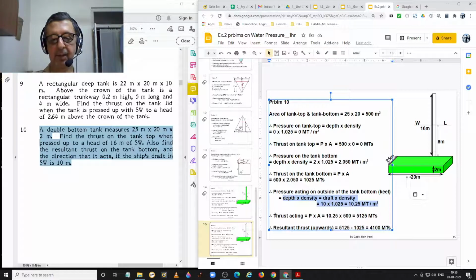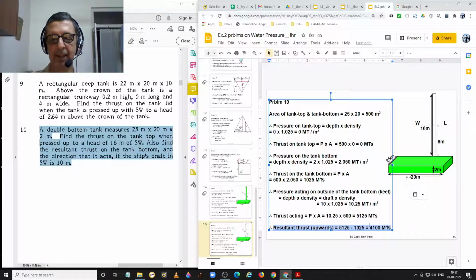Thrust is equal to pressure into area. This is the thrust that is acting on the bottom of your tank, on the keel of your ship. That is equal to 10.25 into 500 equal to 5125 metric tons. Thus, the resultant thrust acting upwards is equal to 5125 minus 1025 equal to 4100 metric tons.